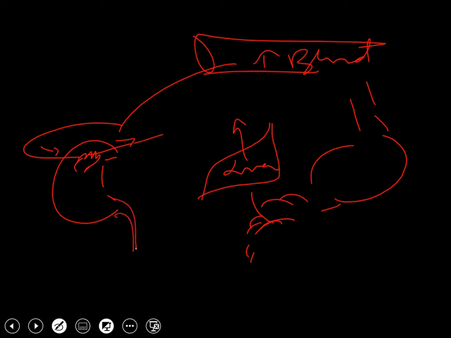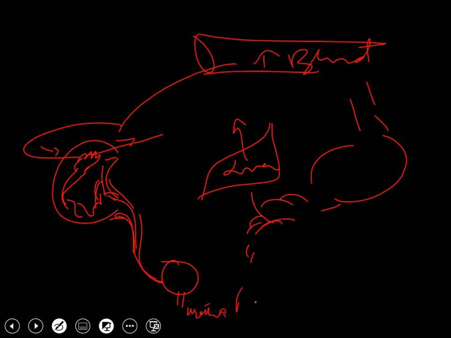Then the proximal convoluted tubule, loop of Henle, distal convoluted tubule, and it opens into the collecting duct and pelvis, passing to the ureter, to the urinary bladder, and to the urethra.